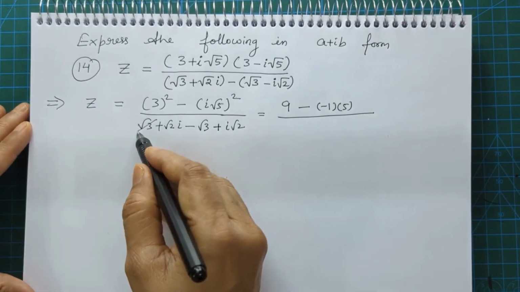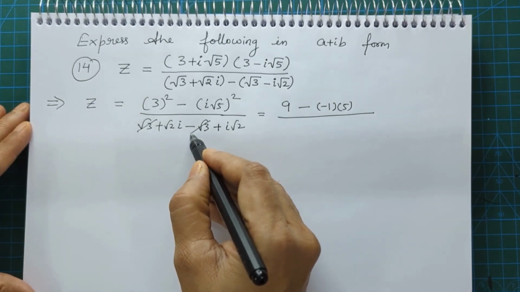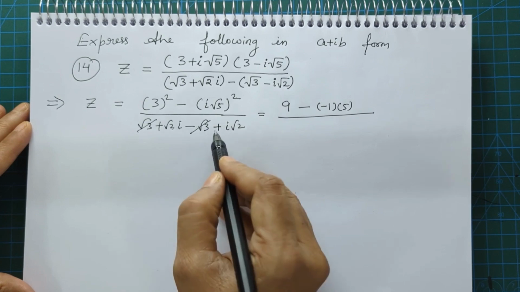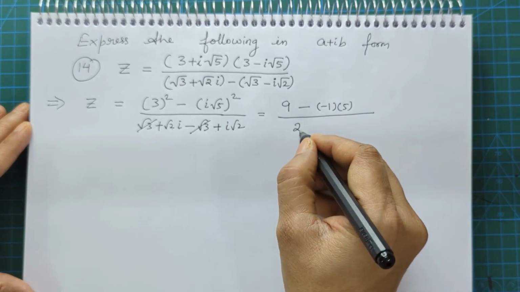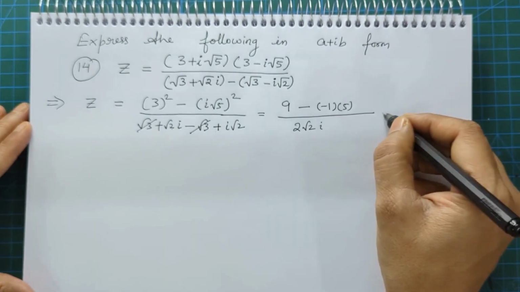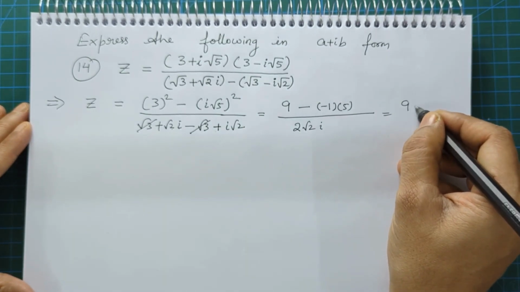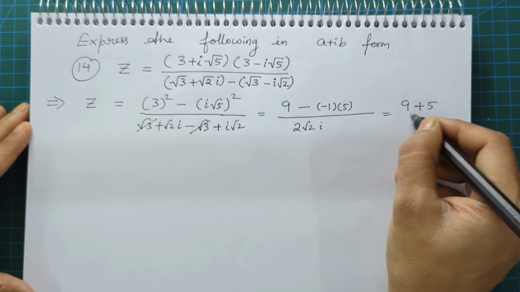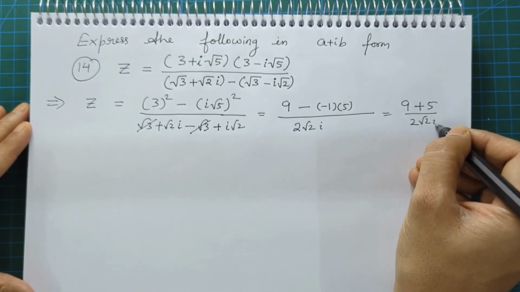In the denominator, root 3 and negative root 3 cancel. i root 2 plus i root 2 is 2i root 2 or 2 root 2i. So 9 minus of minus plus 5 by 2 root 2i.